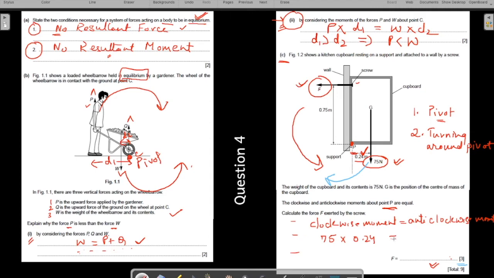Now what is the anti-clockwise moment? It is the force F multiplied by its distance, which is 0.75 meters from the pivot. So F multiplied by 0.75. When you solve this equation, you'll find the value of F, which will come out to be 24 newtons.